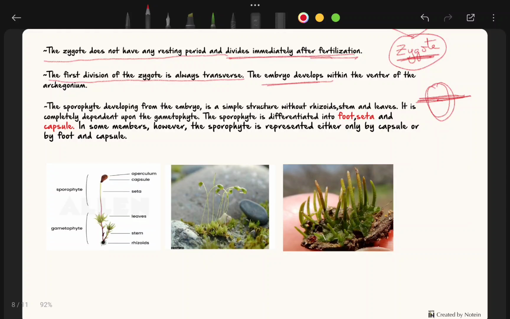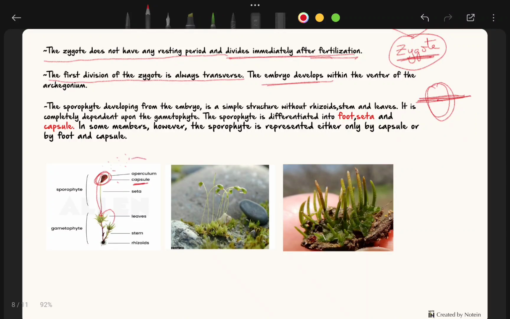So the male gamete will swim towards the female gamete and they will undergo fertilization. After fertilization, the sporophyte plant body will be produced, and in the sporophyte plant body, capsules are present. These capsules contain spores, and the spores are released into the environment.